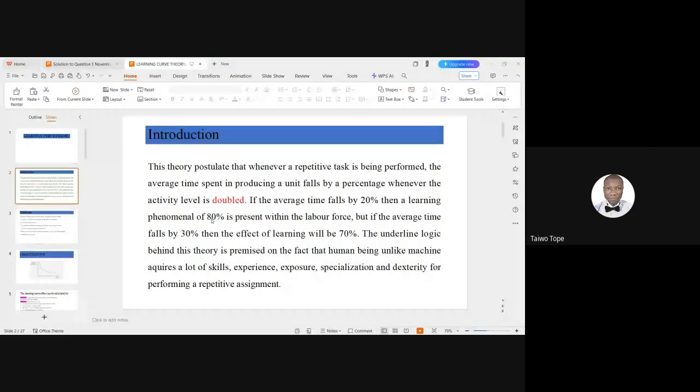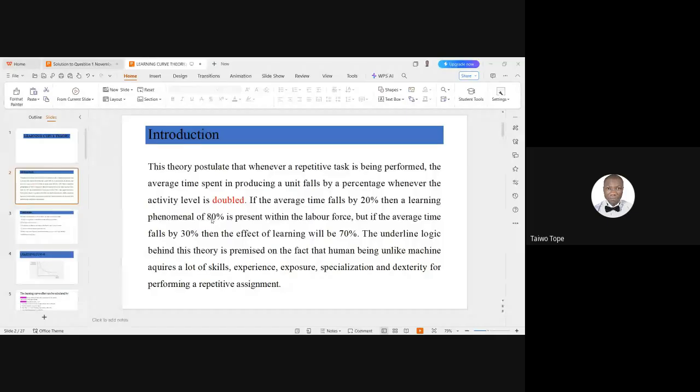Now, the effect of you getting better is as a result of the fact that you are learning and you are repeating that task over and over again. So, learning curve is a concept that shows how workers or organizations become more efficient as they gain experience in performing a task or in producing goods or service.